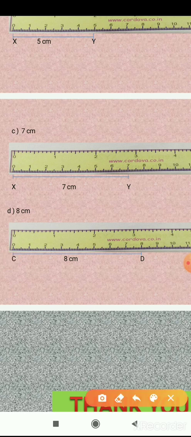So here also we have to mark a point X as the beginning of the line segment and put the 0 mark of the ruler at point X. Next, mark another point Y against the 7 centimeter mark of the ruler and then draw a line along the edge of the ruler from X to Y. So XY is the required line segment of length 7 centimeter.